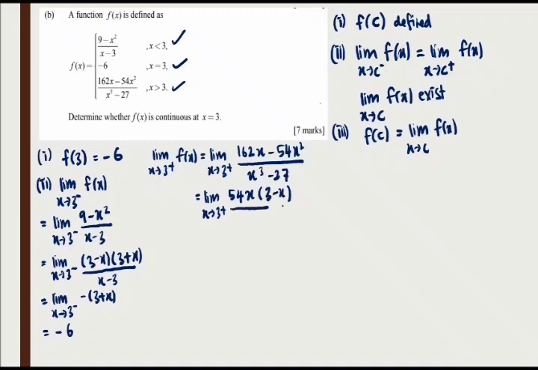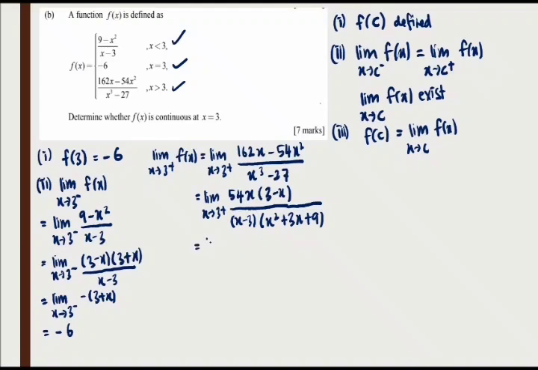For the denominator, we can also factorize it and get x minus 3, and over here we will have x squared plus 3x plus 9. So you have to factor out the cubic function down here on the denominator.